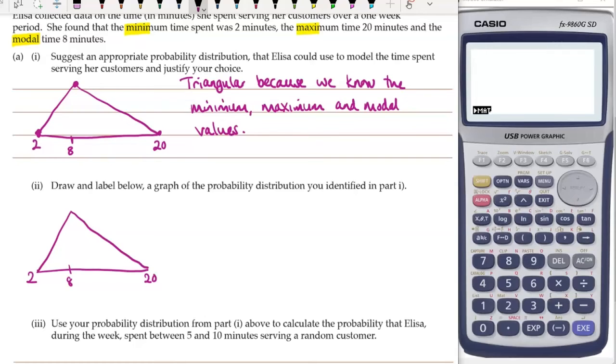We need the height as well. So the height of that triangle, I'm going to do a different color. Height is always 2 over b minus a, so that's 2 over 20 minus 2, 2 over 18, or 1/9.